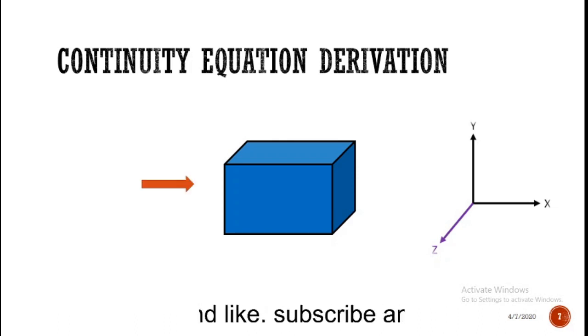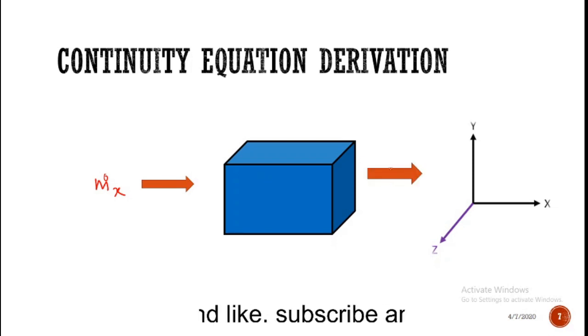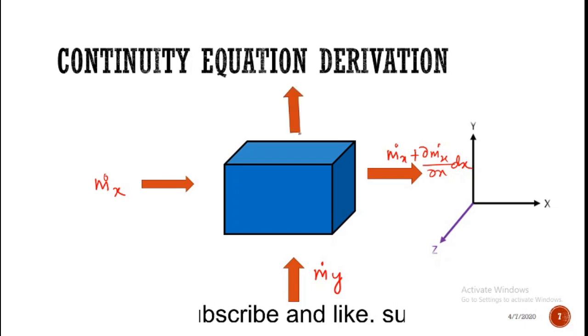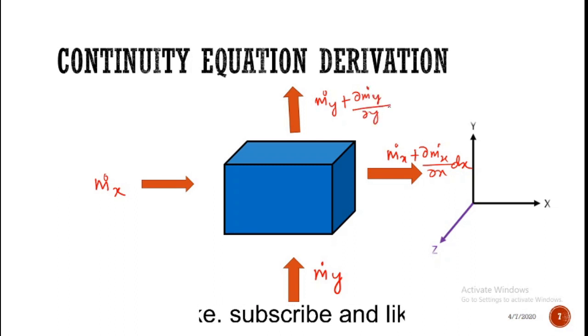So the mass of the liquid which is entering into the system, suppose this is m dot x, this is my x direction. Some mass will go out of the system, that is m dot x plus d m dot x by dx into dx. Mass is flowing in the y direction, this is m dot y, and some mass is flowing out of the system in the y direction, this is d m dot y by dy into dy.